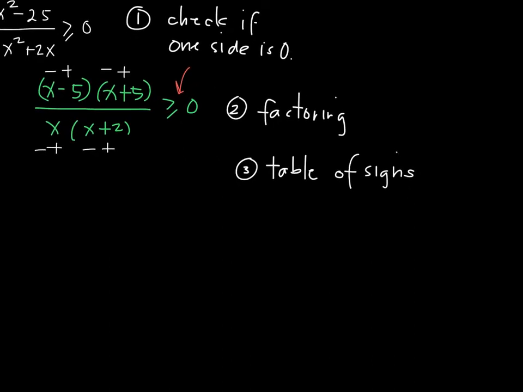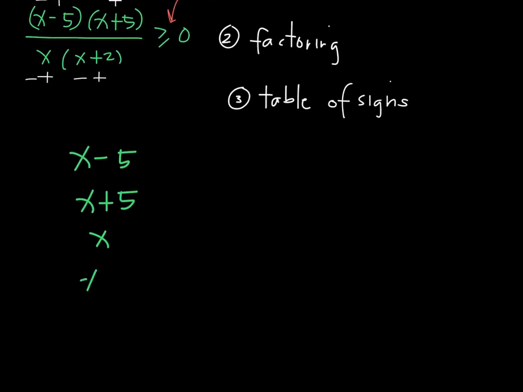The first thing you have to do is to list down all the factors that you see in the expression on the left. So I list them down vertically: x minus 5, x plus 5, the single x, and then x plus 2.